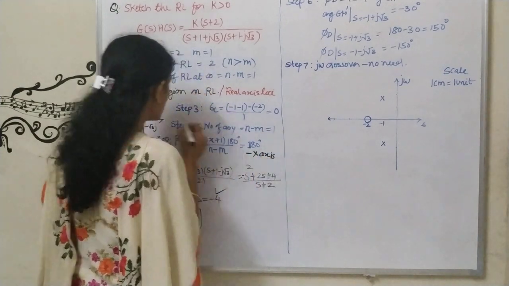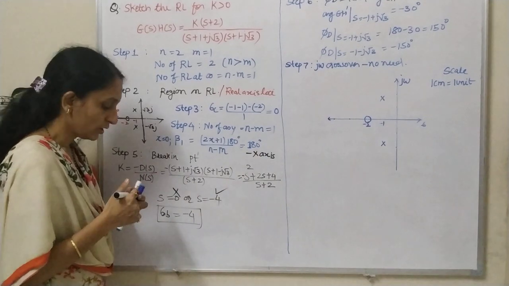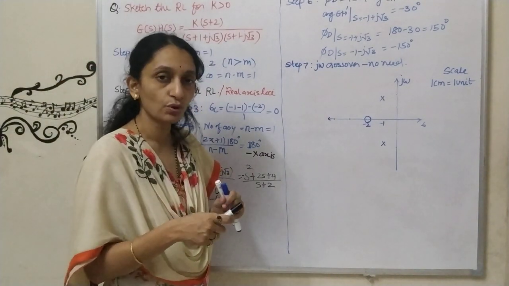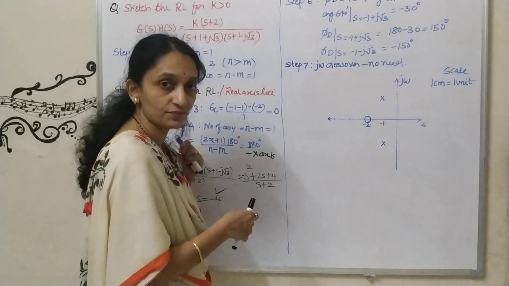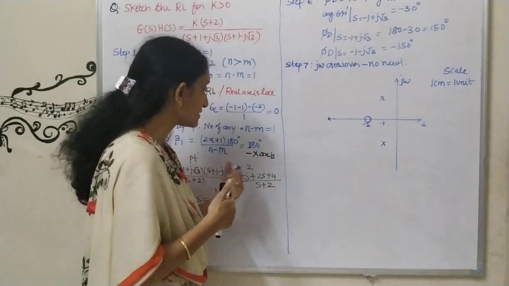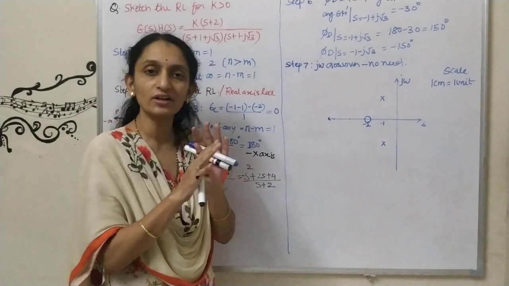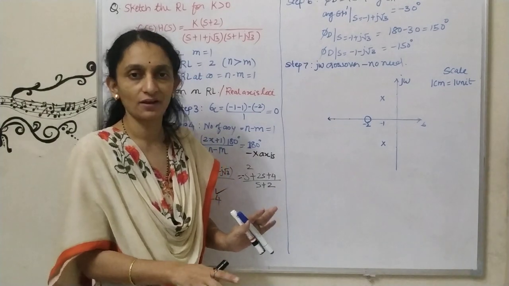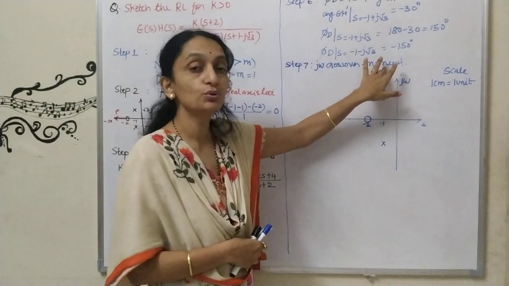As this asymptote is moving towards the left and not towards the right, that is, as the asymptote is not intersecting the j omega axis, the root locus will not intersect the j omega axis. So here I have written j omega crossover: no need to calculate.